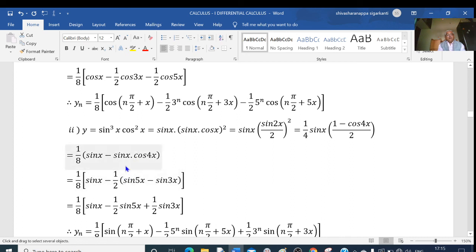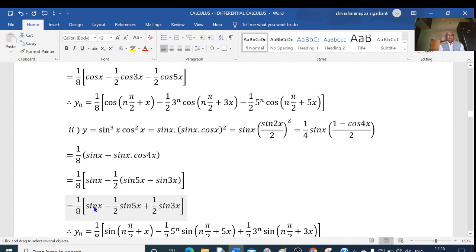This is equal to sin of a plus b, x plus 4x is 5x, plus sin of a minus b, sin of x minus 4x, that's sin of minus 3x. But sin of minus 3x is minus sin 3x. So this is minus sin of 3x. This is equal to 1 by 8 into sin x minus 1 by 2 into sin 5x, minus into minus is plus 1 by 2 into sin 3x.